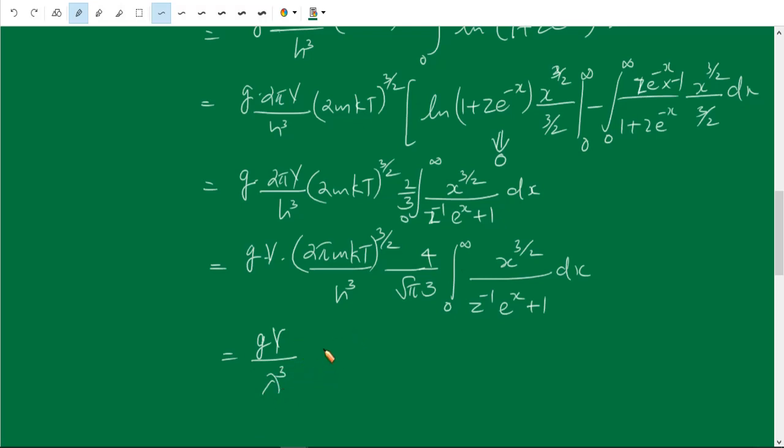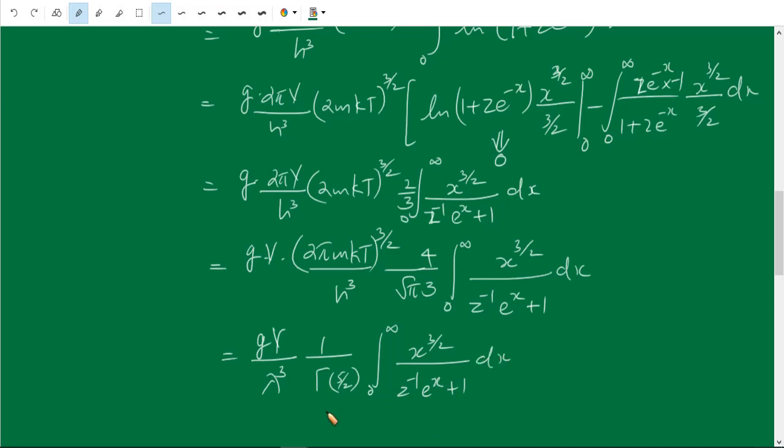So this can be written as 1 divided by gamma of 5/2, integral 0 to infinity x raised to 3/2 divided by z raised to minus 1 e raised to x plus 1 dx.